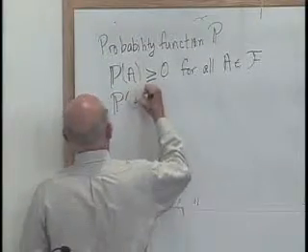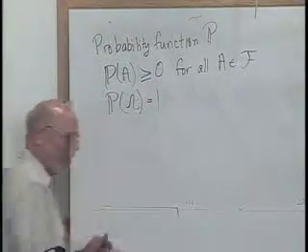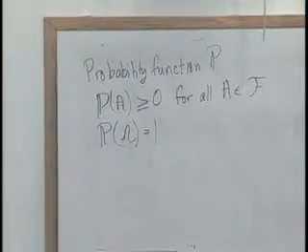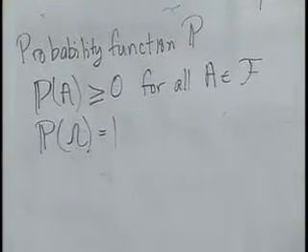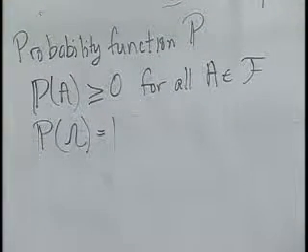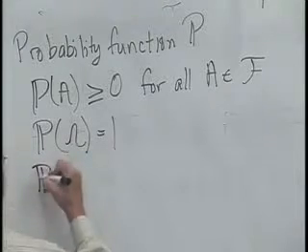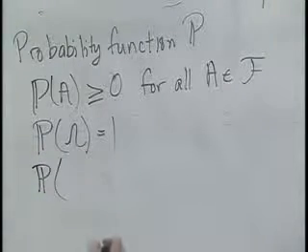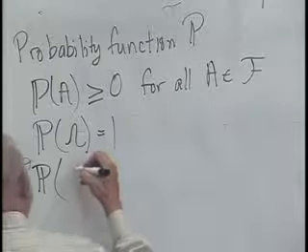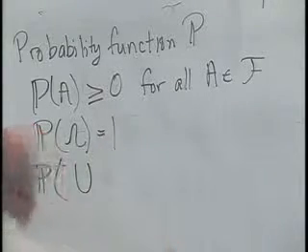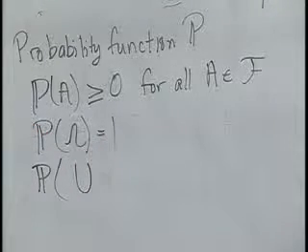The probability that something happens is 1, and that implies that the probability of the null event is 0. And finally, this is the crucial one, the probability of a disjoint union of events is the sum of the probabilities of those individual events.